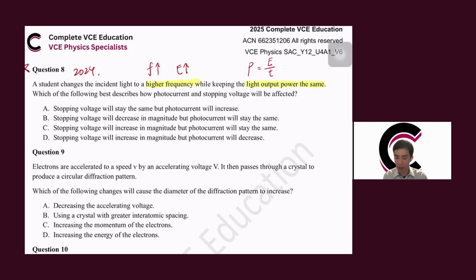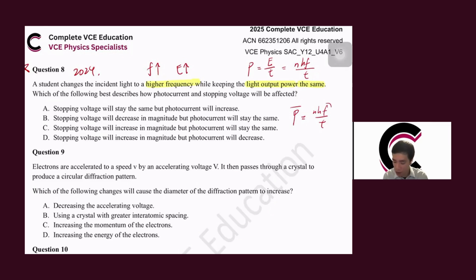That's the power. And say for each photon we have hf as the energy, and let's say we have N photons at the start. So N hf over T would be the equation. Now, if you want to keep the power the same, so P is constant, N hf over T should be constant as well in these two cases.